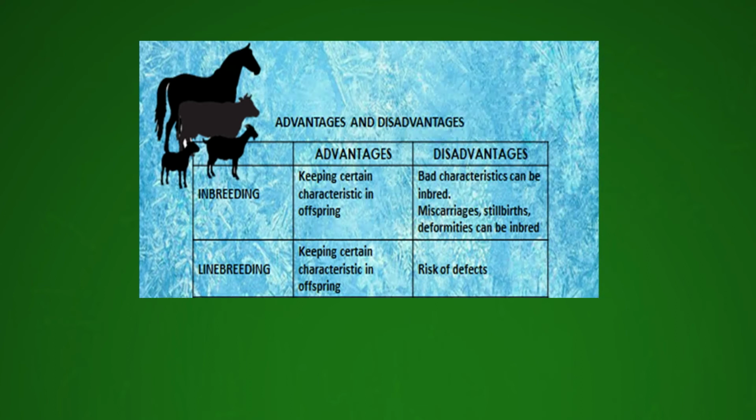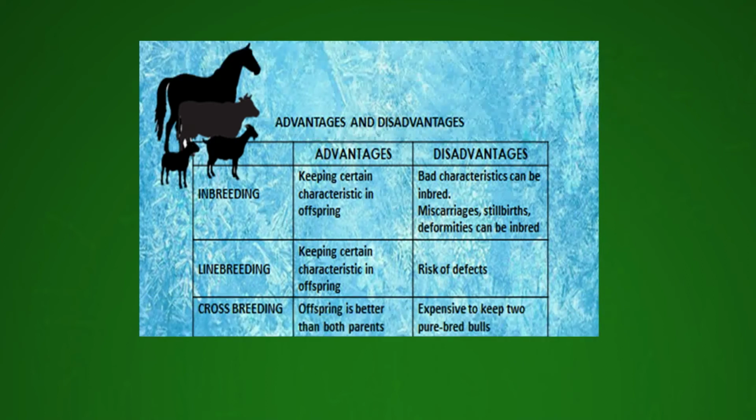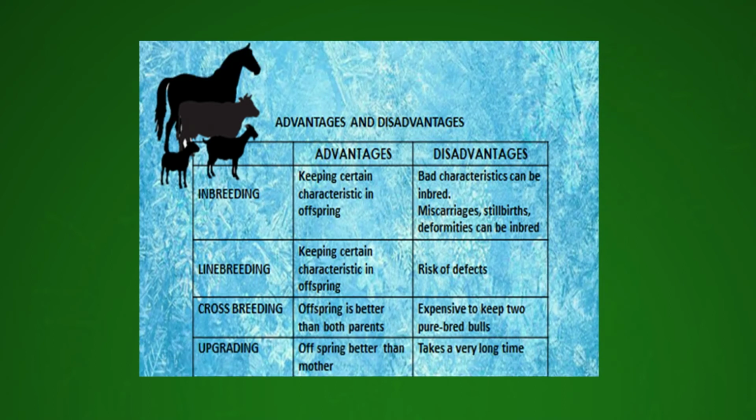Keeps certain characteristics in offspring, but there is still a risk of defects. Crossbreeding. Offspring is better than both parents, but it is expensive to keep two purebred animals. Upgrading. Offspring better than mother, but it takes a very long time.